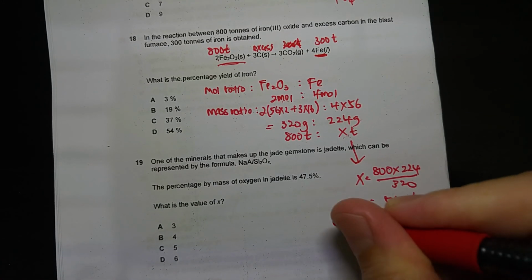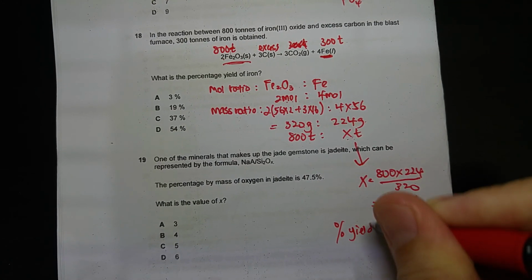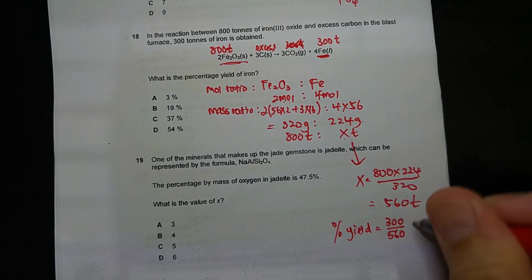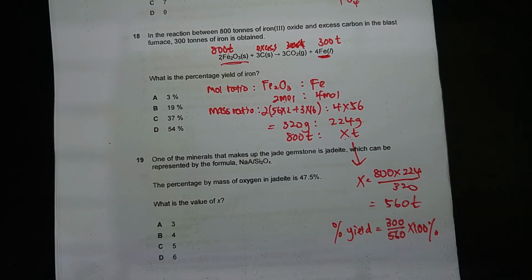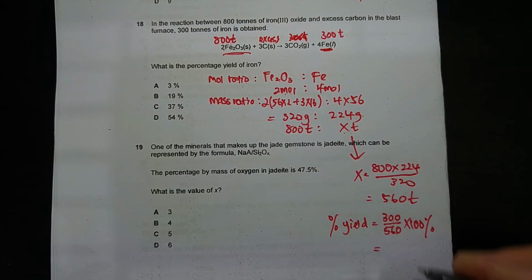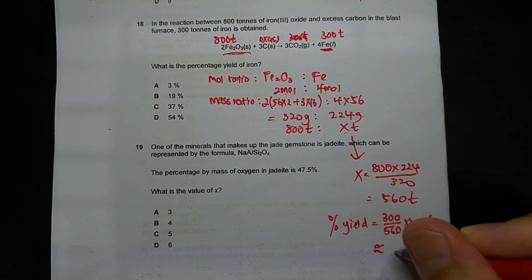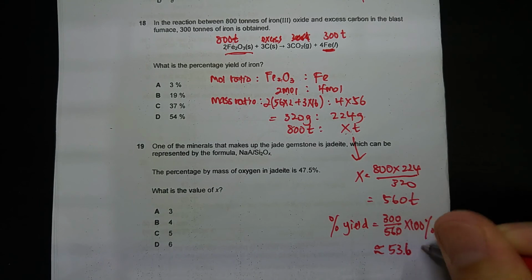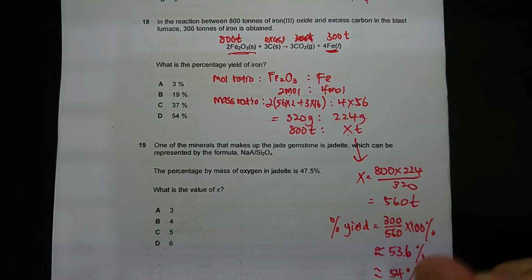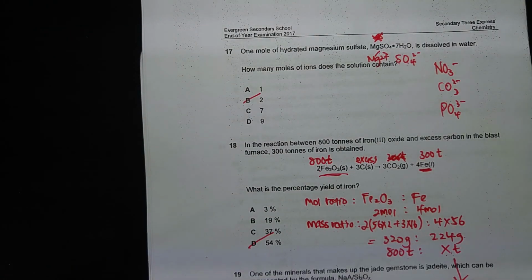So the percent yield would be 300 over 560 times 100, because 560 tons is what I should get, but the question told me that I only get 300 tons. So the closest answer is 54%. So the answer is D.